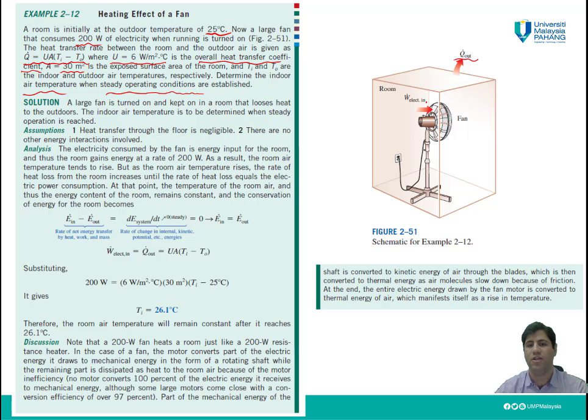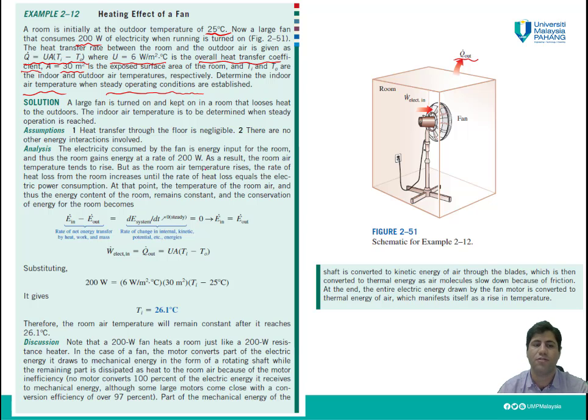We have only these two types of energy: electric energy comes to the system, and thermal energy goes out from the system. This is our assumption. Then the electricity consumed by the fan is energy input for the room, and thus the room gains energy at the rate of 200 watts.